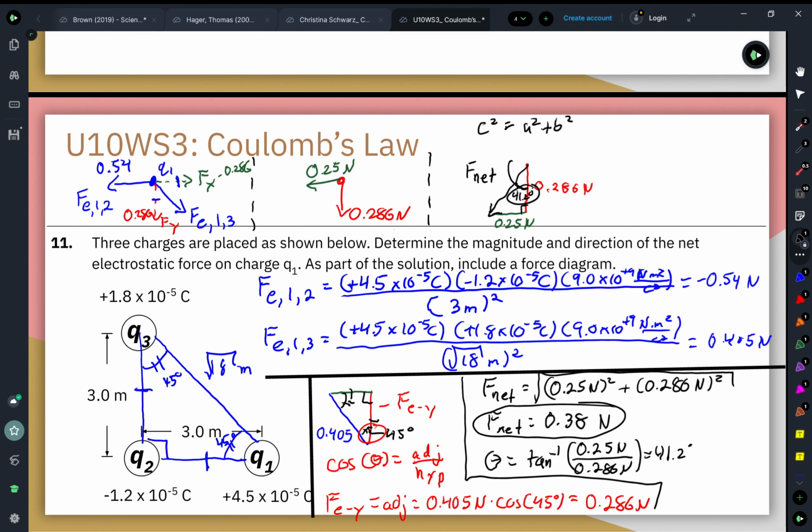And I'm going to have for my angle 48.8 degrees, and I'm just going to say southwest. Or we can say that's in quadrant 3. But when we're talking about our magnitude and direction, the magnitude is 0.38 newtons, and the direction is 48.8 degrees southwest, or in quadrant 3.